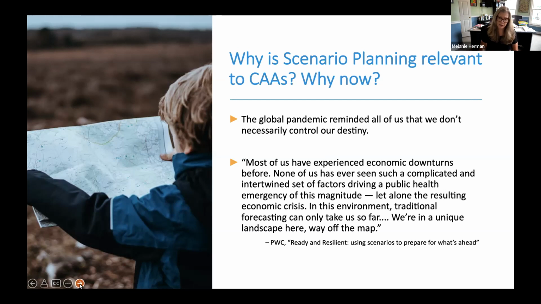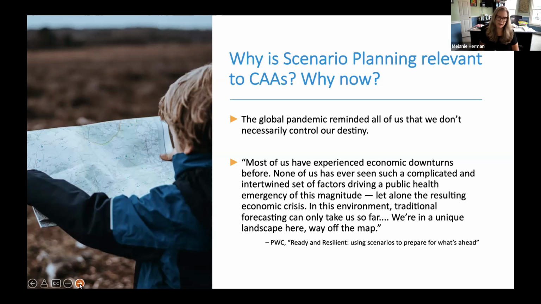And they reference the resulting economic crisis, which, as all of us know, is not over yet. And each day, each week, each month, we're seeing new variations or new variants on that economic crisis. And we're facing such incredible uncertainty about what's next, how will those economic forces impact our agencies.